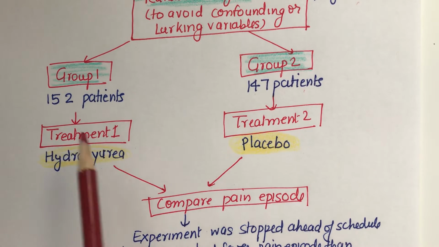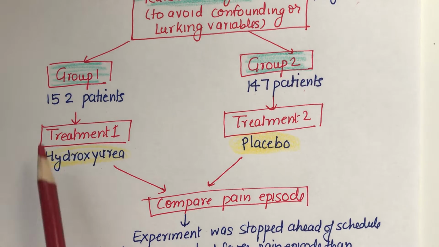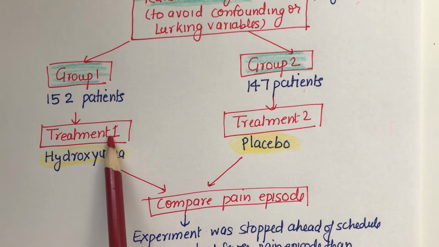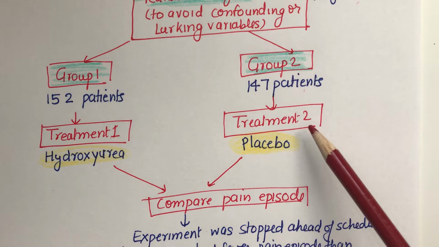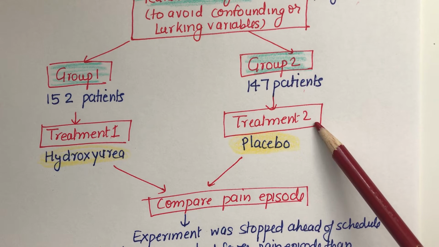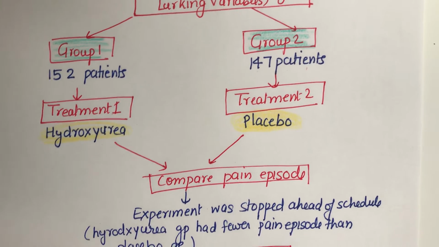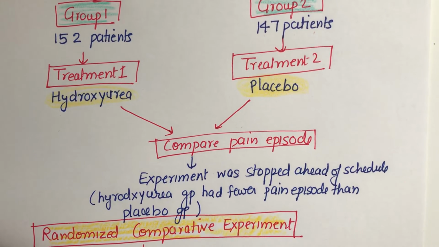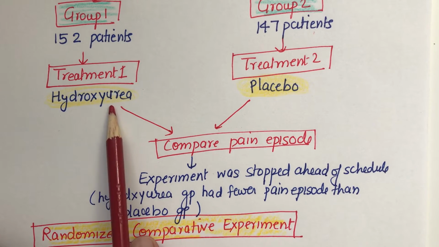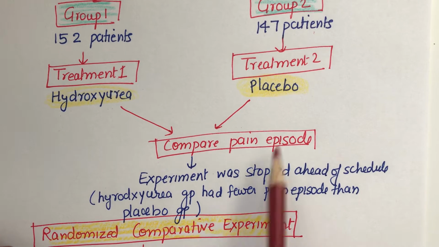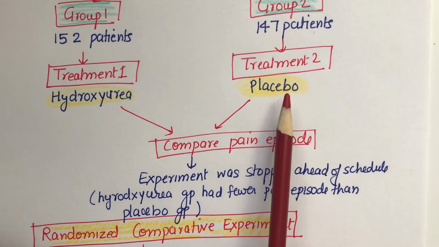These two groups were given different treatments: group 1 was given treatment number 1 and group 2 was given treatment number 2. Group 1's treatment has the active drug, hydroxyurea, and the other group had a placebo.